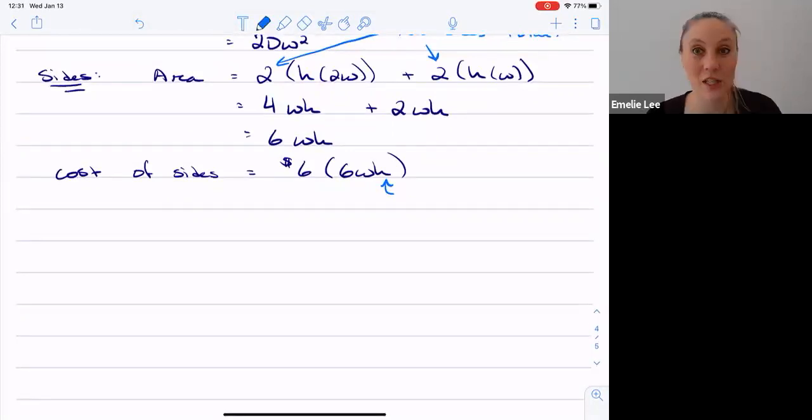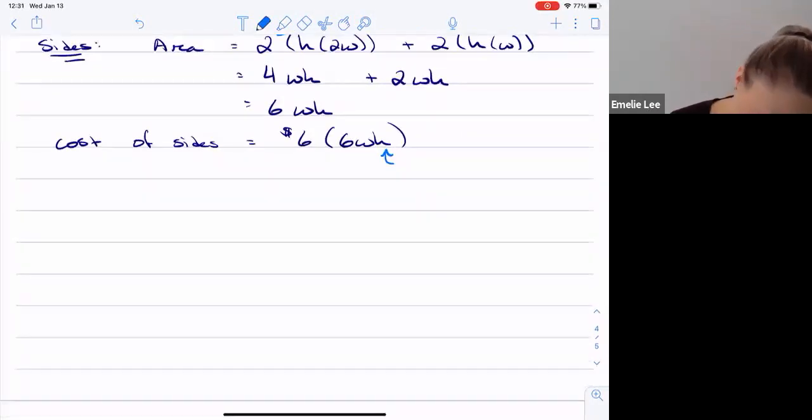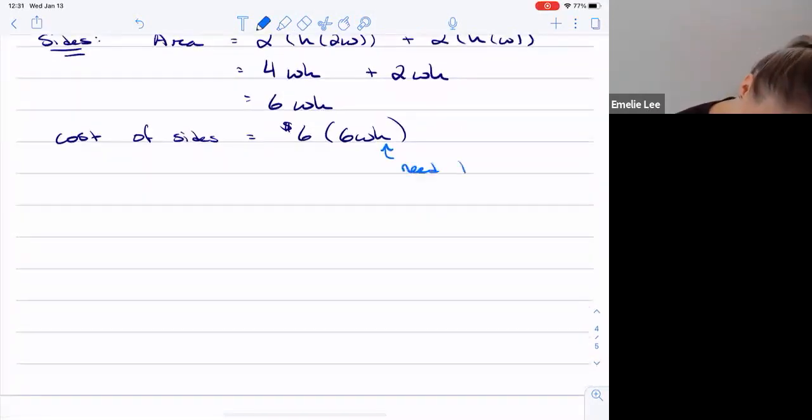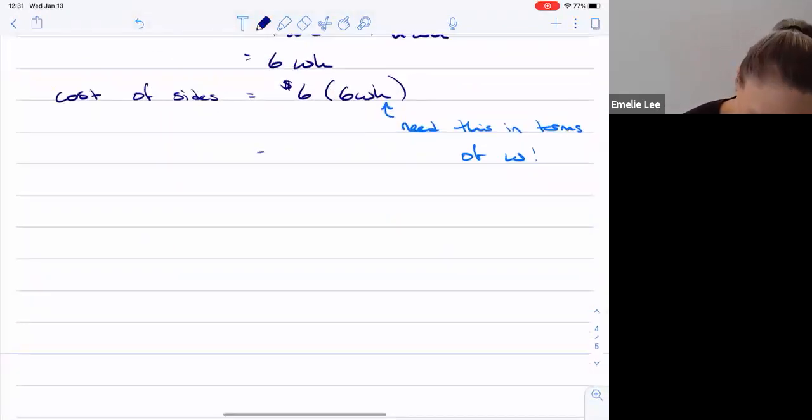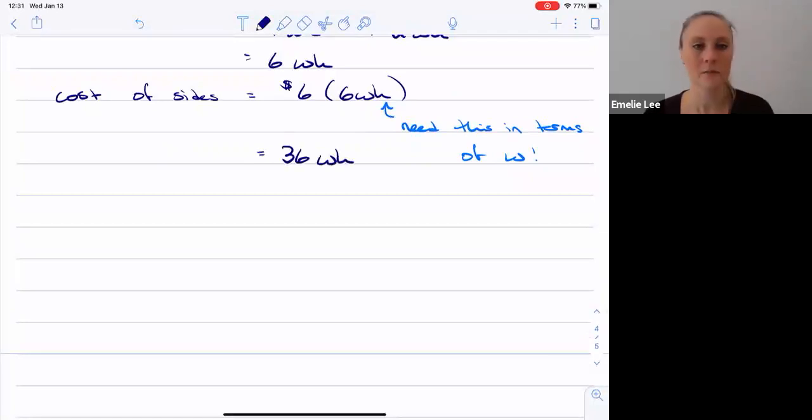Or W. I read the H and said H, classic. Need this in terms of W. But we can simplify this first, right? 6 times 6 is 36. So I get 36wh. Okay.